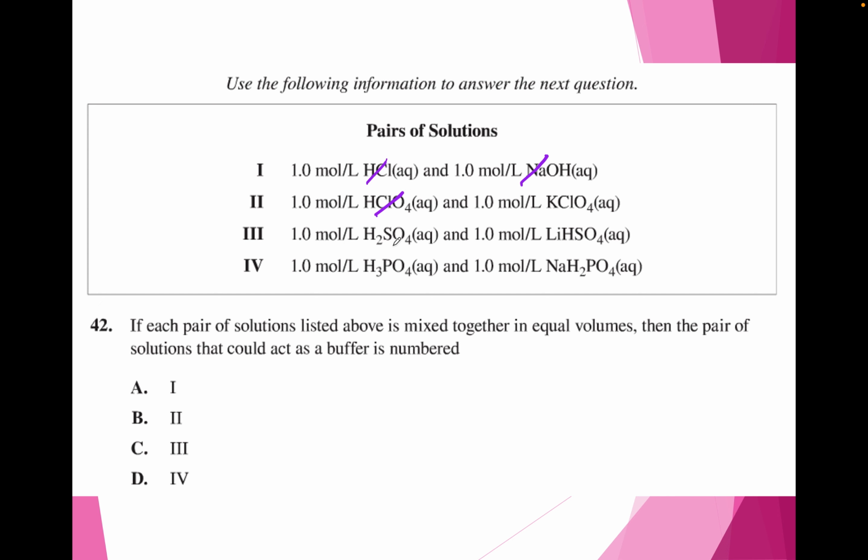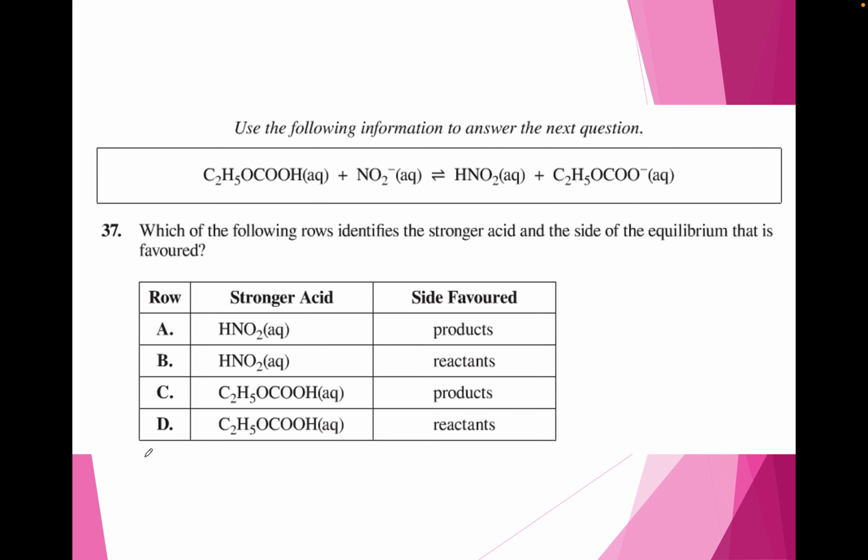So as soon as we see something strong, you have to rule it out. This is strong. So coming down here, just making sure that it's a conjugate, you have H3PO4. This ionic compound in solution would have the ion H2PO4 negative. So we're a difference of just 1 hydrogen. So number 4 can be an acid-base pair and act as a buffer.